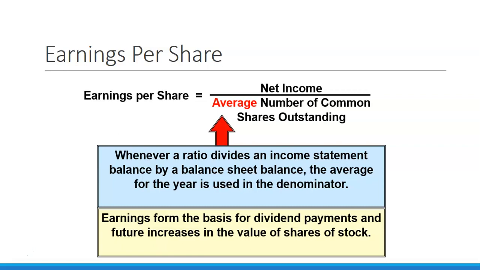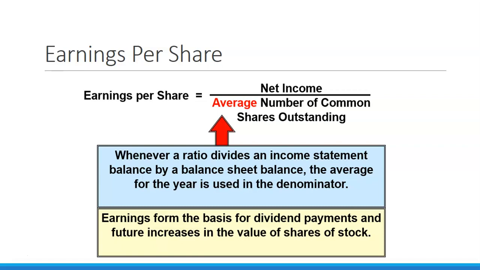The average for the year is used in the denominator, and earnings form the basis for dividend payments and future increases in the values of shares of stock. Many companies include the earnings per share calculation in their financial statements that they provide to the public, because it's not always easy to calculate what the average number of common shares outstanding is for very large publicly traded companies.